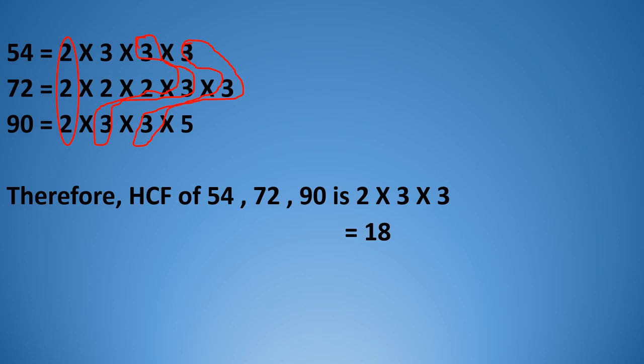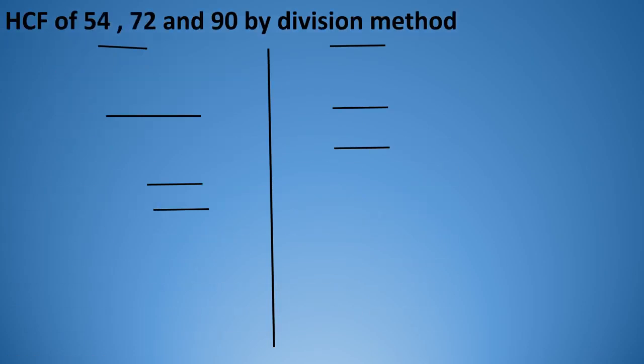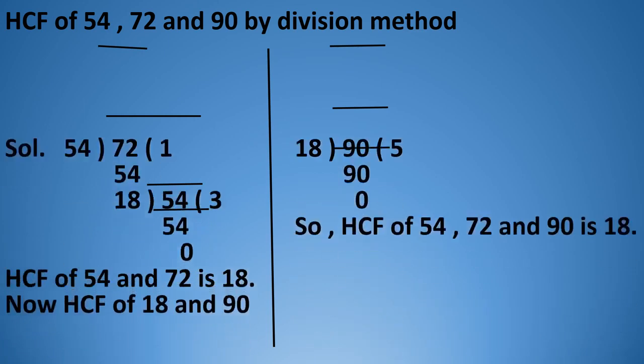Now next we will do it by the division method. Same question I am taking, same figures: 54, 72 and 90. Now we will find out HCF by division method. When we have three or more than 3 numbers, then we can take first of all any two numbers of our choice.